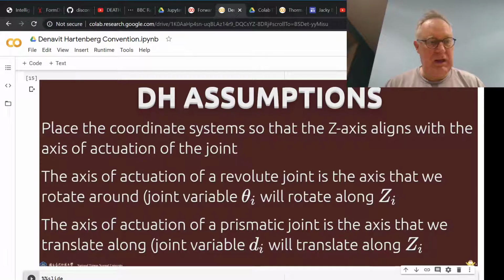So that means x i minus 1 multiplied by z i, dot, is equal to 0.